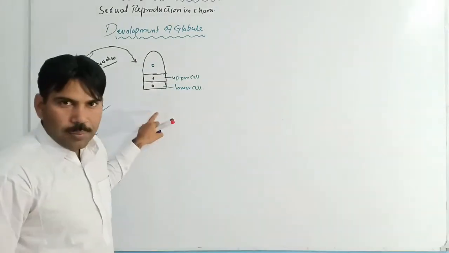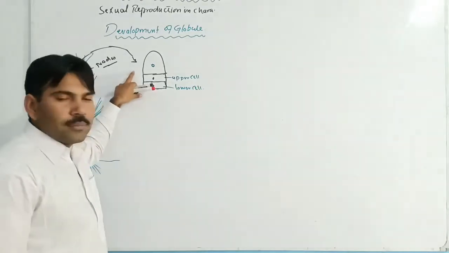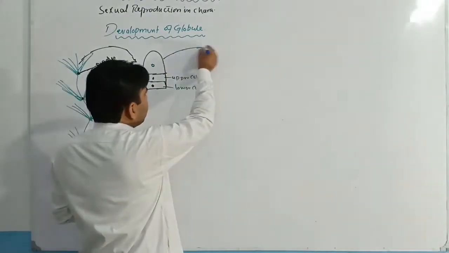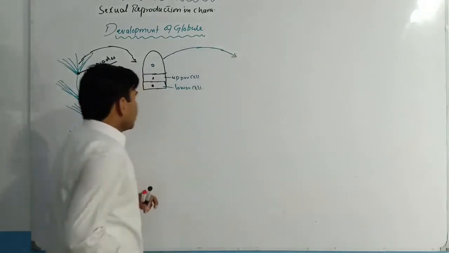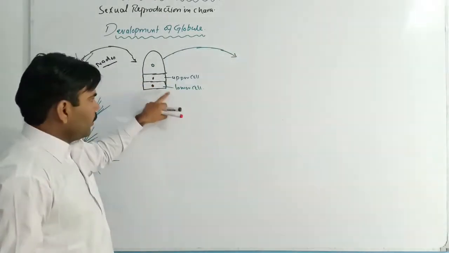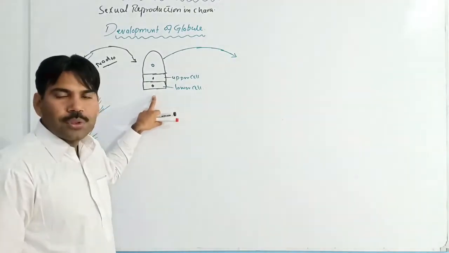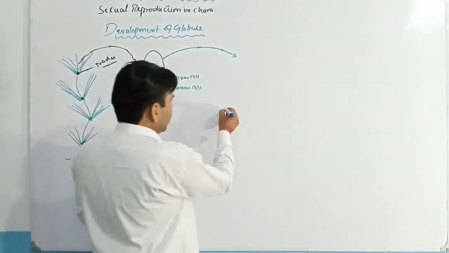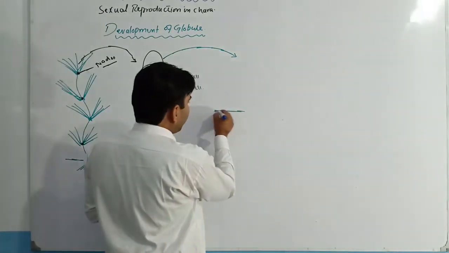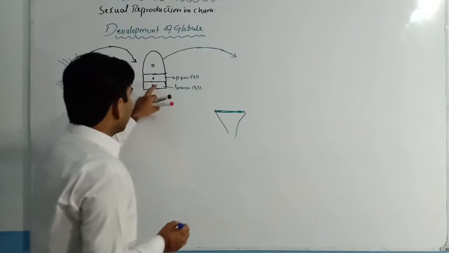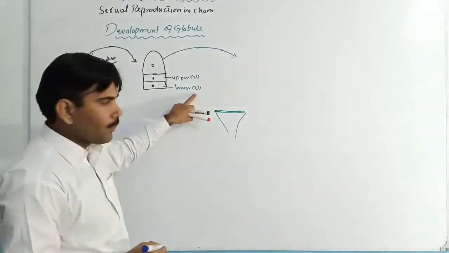Now what will happen from such type of cells? This cell, which is known as the lower cell, divides and produces a node. For example, this is a node, and this node is formed as a result of division of this lower cell.